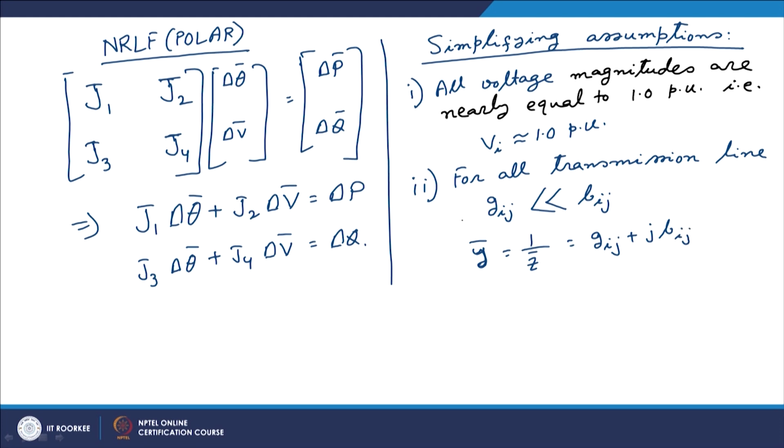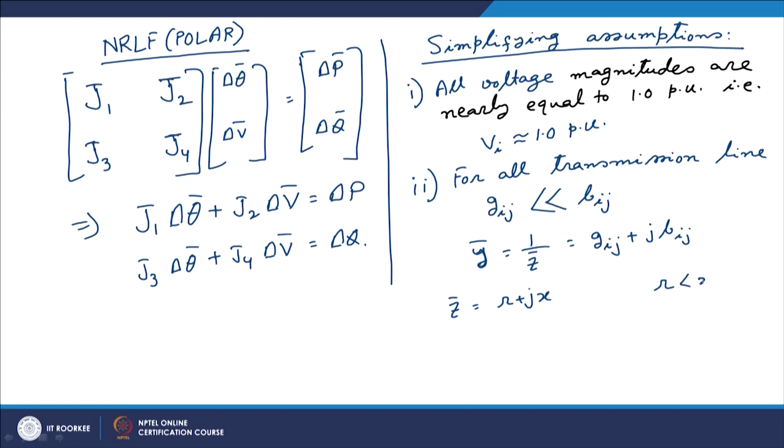Now, what is the justification of this? We have that Z is equal to R plus jX, where R is the resistance and X is the reactance.